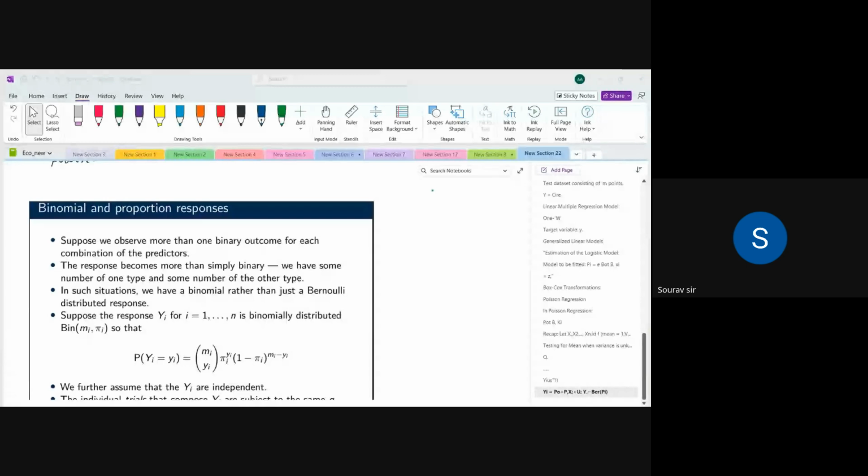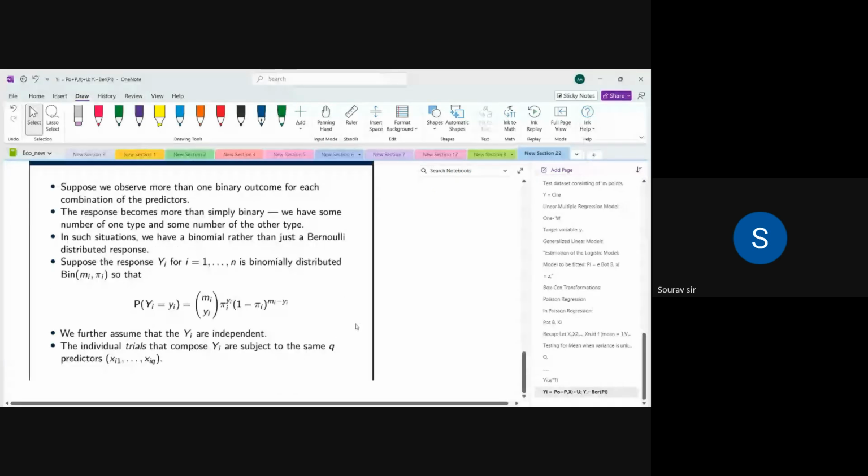Okay. Right. So this is the next model that we are taking up, which is the binomial and proportional responses. Okay. So let's go over this slide one by one. So what does it say? That suppose we observe more than one binary outcome for each combination of predictors. Okay. The response becomes more than simply binary.